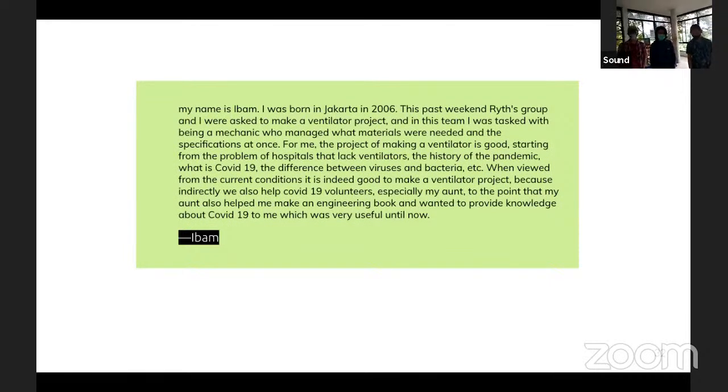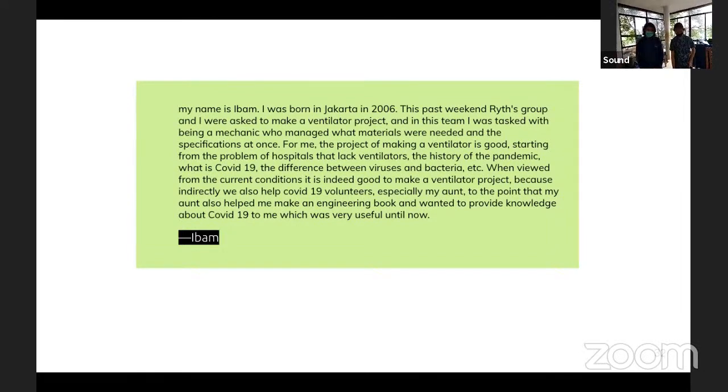My group and I were asked to make a ventilator project, and in this I was tasked as a mechanic who managed what materials we needed and the specifications.